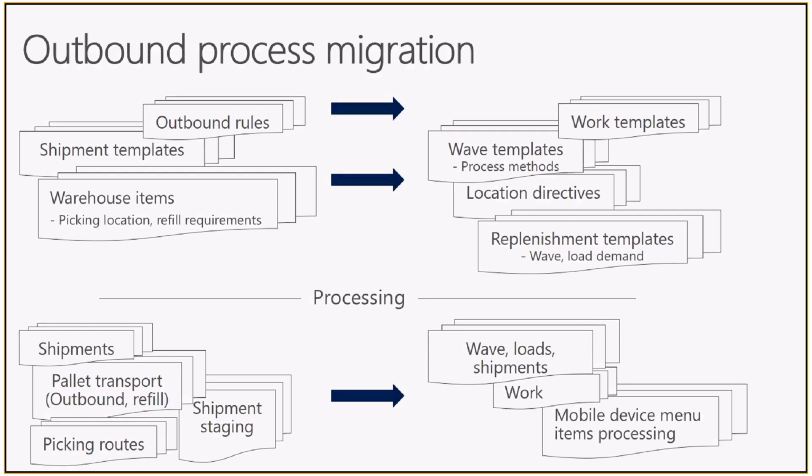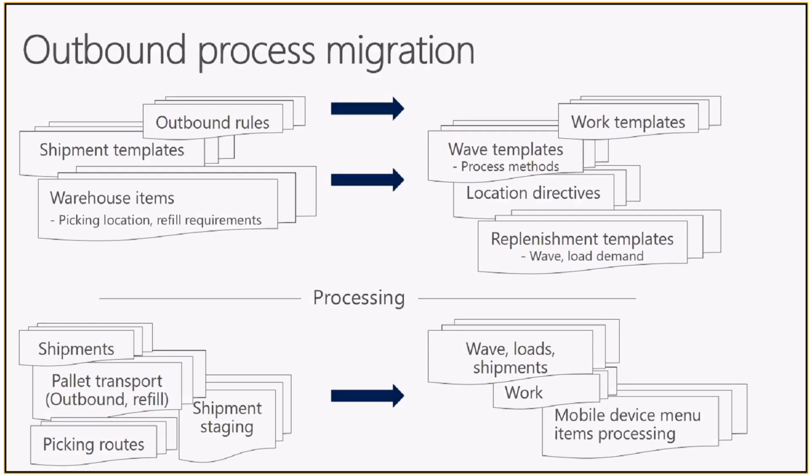In case you want to do replenishment as part of the outbound process, we have the concept of replenishment templates. You can associate that replenishment work as part of your wave processing. We can run both wave and load demand replenishment processes, which will then freeze the actual picking work until inventory has been, for instance, taken from the bulk area and brought forward to your fast picking area.